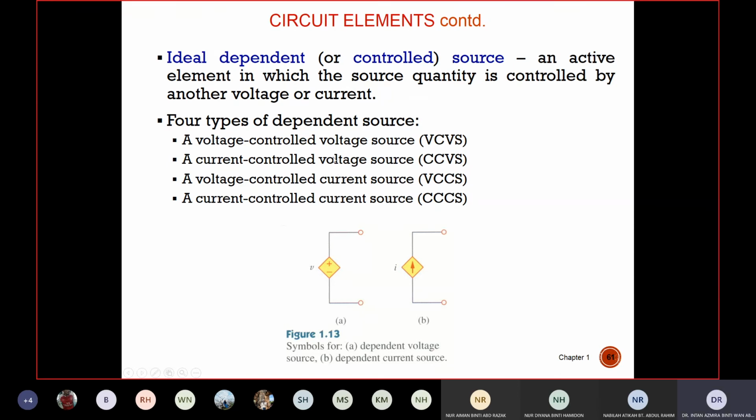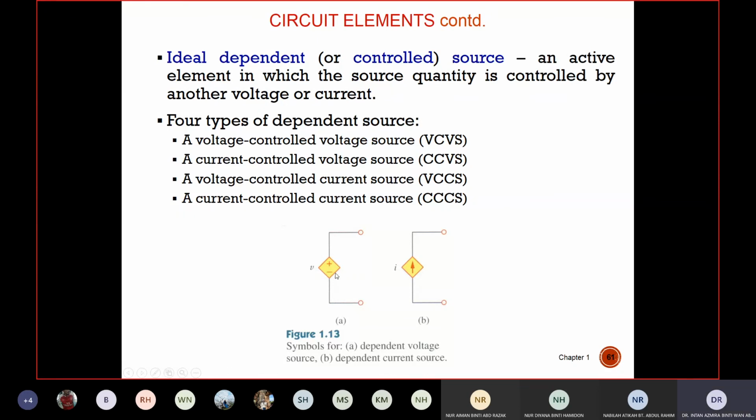This is a voltage source, but its value depends on another current. Voltage controlled current source. This is a current source, but its value depends on another voltage. Current controlled current source. It is a current source whose value depends on another current.